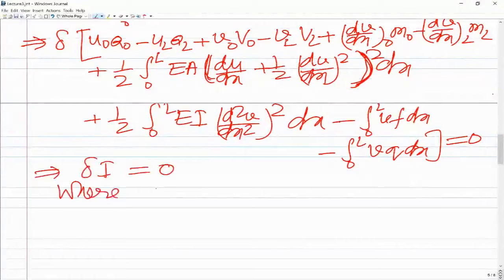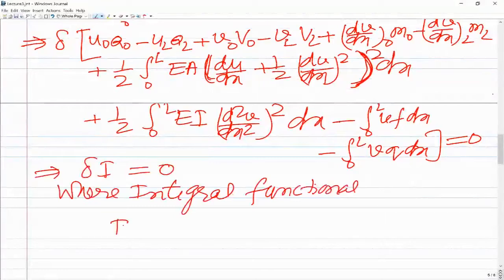where the integral functional, or total potential energy functional I, will be equal to this whole term.